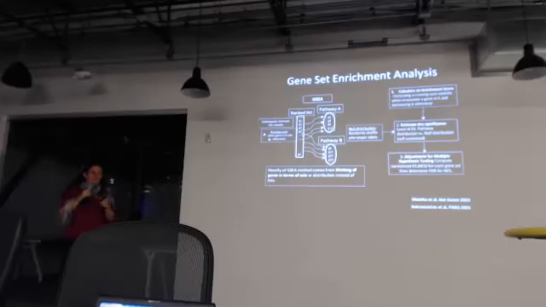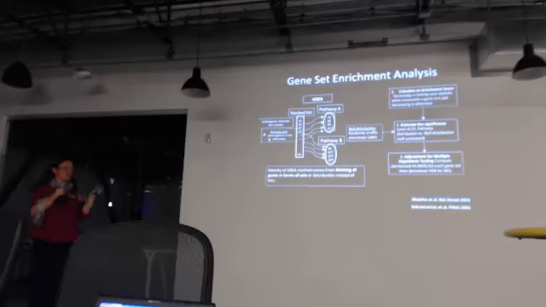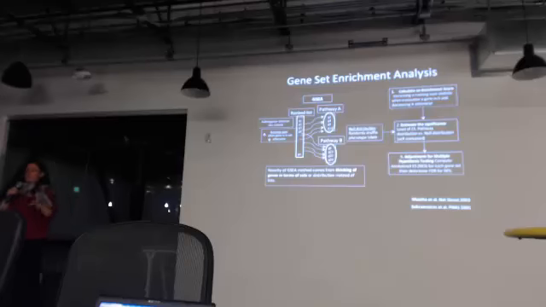So that's the way they did it. The reason for doing it like that is you want to preserve the correlations within the feature list itself.